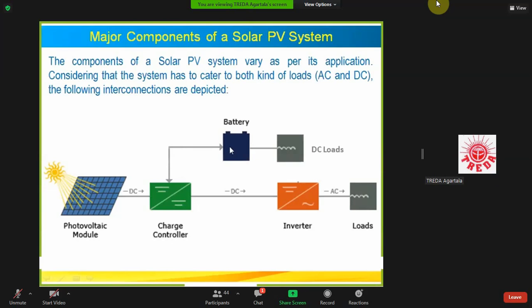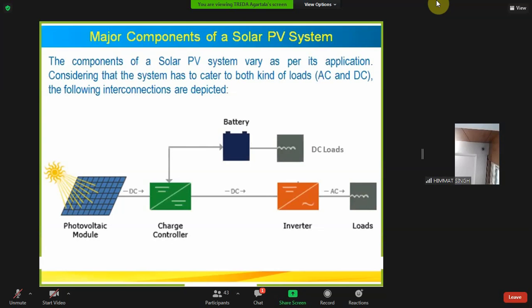So whenever the sun is there, the PV photovoltaic module is supplying power to the battery through the charger and it is being stored. Then this power can directly be used as DC loads from the battery.